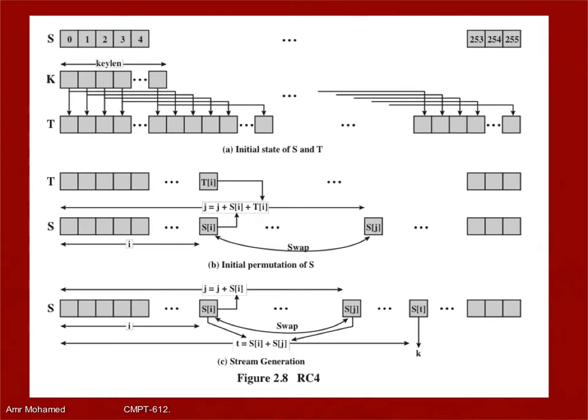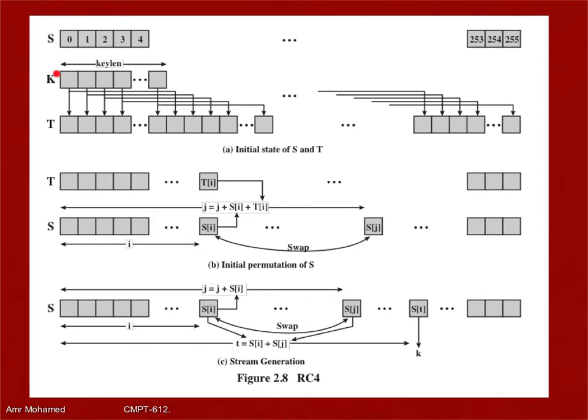From that key length, you will generate this T vector, which has a fixed length of 256, which corresponds to all the possible ASCII characters. So you have an S vector, which is fixed. You have ASCII characters 0, 1, 2, all the way to 255. So the length of that is 256 characters.